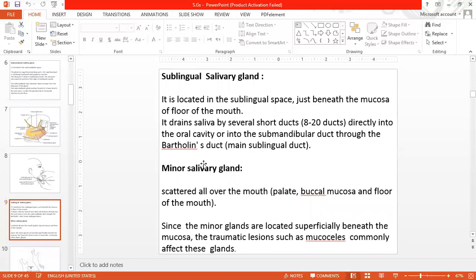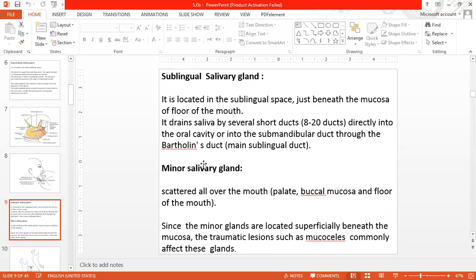Now, finally, the sublingual salivary gland is located in the sublingual space beneath the mucosa of the floor of the mouth, and has either many small ducts or one major duct. The small ducts are called ducts of Rivinus, and if it contains one major duct, it's called Bartholin duct.